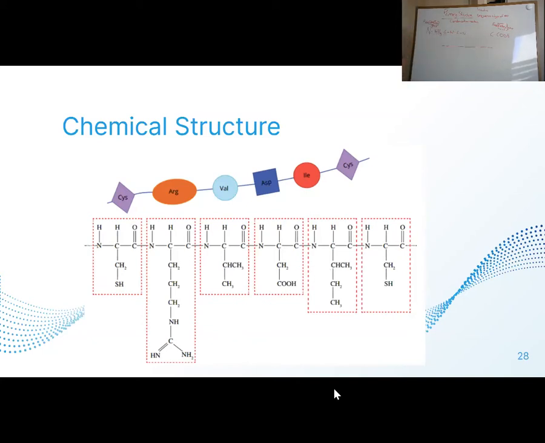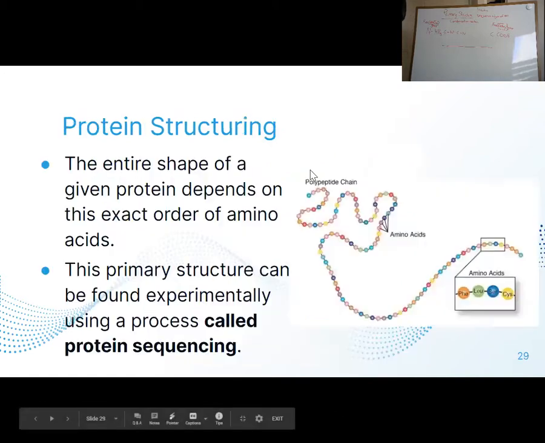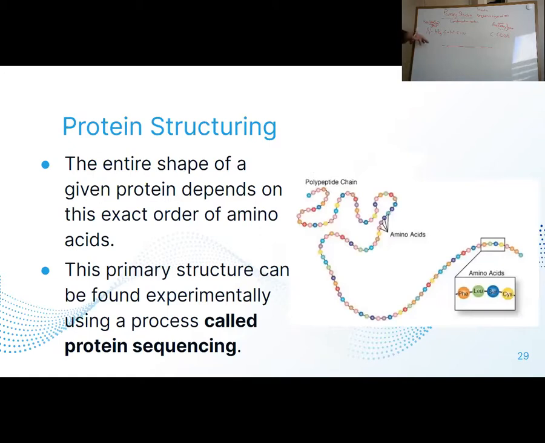And although we can't actually figure it out just based on this, the entire 3D structure is dependent on the sequence of these. And if the body doesn't get this right, there's lots of genetic diseases where one of these amino acids has been changed or deleted.